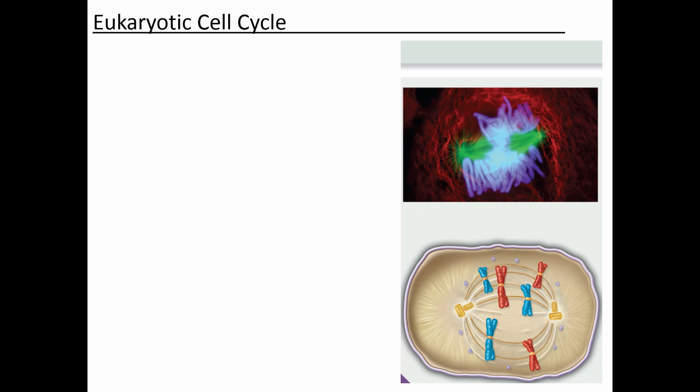This is important because the microtubules that attach to the chromosomes during this phase are going to be involved in separating the sister chromatids from each other later on during anaphase. Now, it's important to know how the chromosomes are attached to the mitotic spindle, and that's going to be different depending on whether you're talking about mitosis or meiosis.